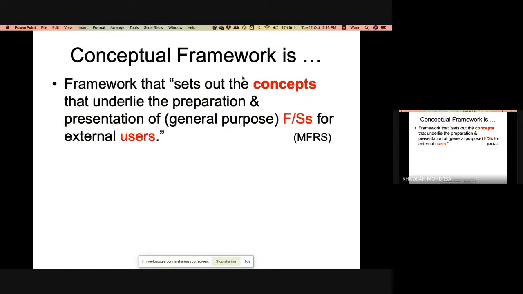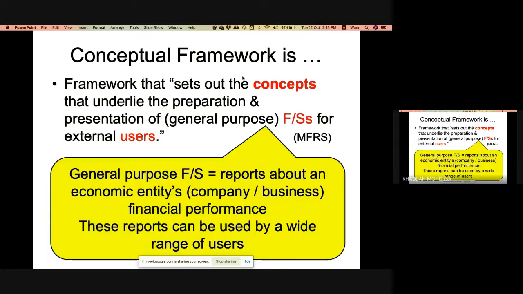It sets out the concepts that underlie the preparation and presentation of financial statements for external users. Remember, financial statements for external users? Last time we had management accounting, for internal users. But in this case, the financial reporting is prepared for external users. That's why we say it's general purpose. It reports on an economic activity, financial performance, that can be used by a wide range of users.